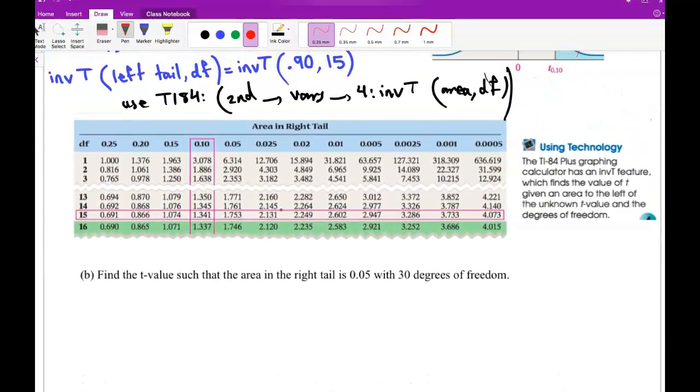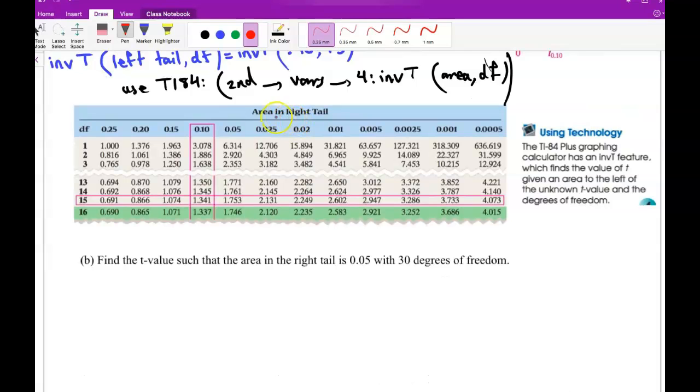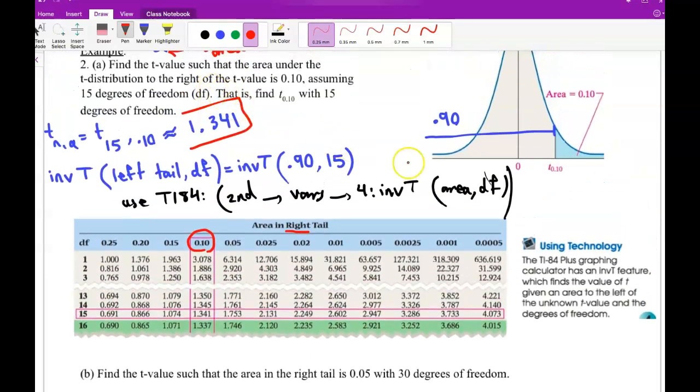And also using the table, what we have here is area in right tail, and we had 10%. Since this one is in the right tail, that's why we are able to use this one, and degree of freedom is 15. So the answer is 1.341. But it's better to learn how to use the calculator. When you're using the calculator, you need to enter the area to the left. So this is the area to the left.